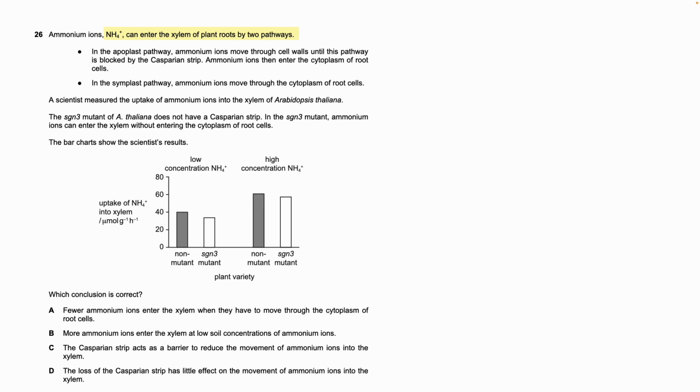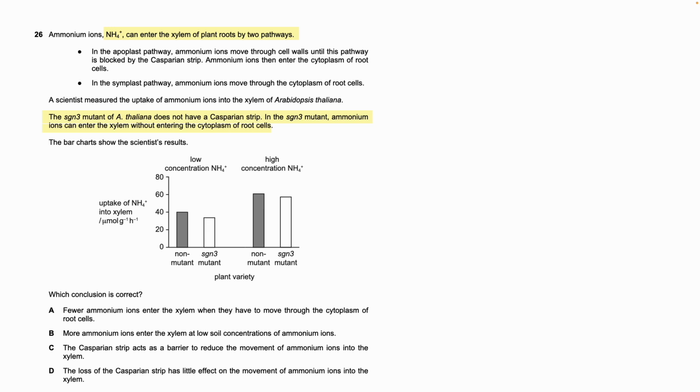Since the mutant variety of Arabidopsis thaliana doesn't have the Casparian strip, the water can go either by apoplast or symplast. Even without entering the cytoplasm, the water can enter into the xylem. The question gives a bar chart showing the plant variety and uptake of NH4 plus, the ammonium ion, into xylem.